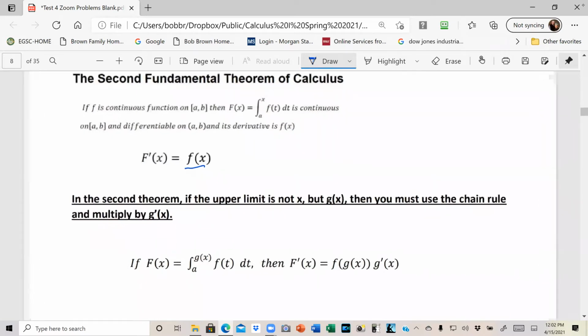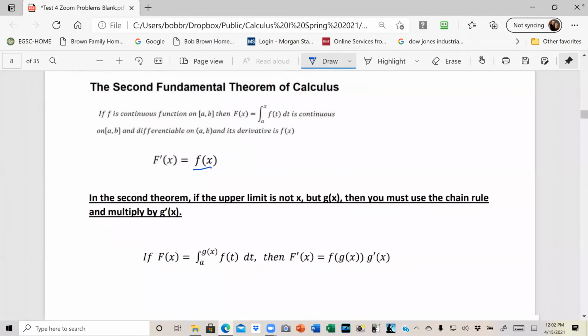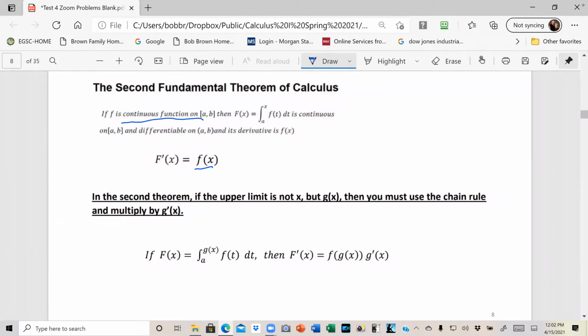So, reading this, if f is a continuous function on [a, b], then if you write capital F of x as the integral from a to x of f of t dt, then capital F of x is continuous on [a, b] and it's differentiable on the open interval (a, b), and its derivative is f of x.